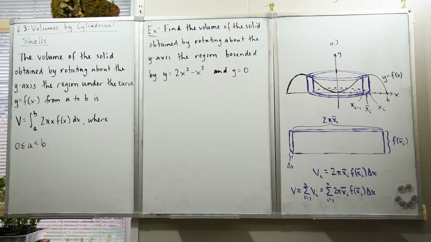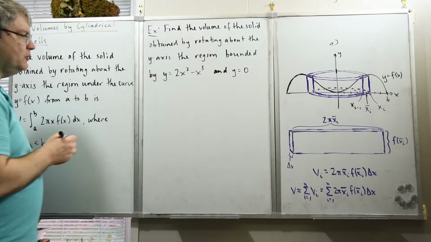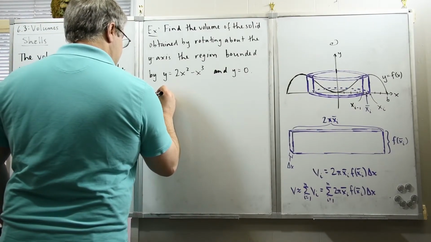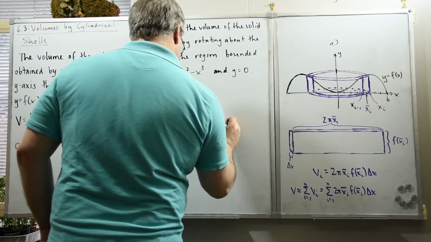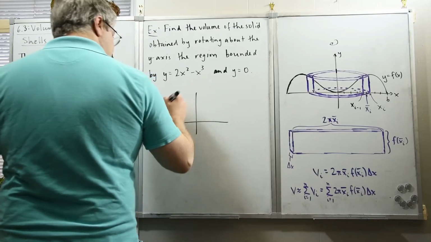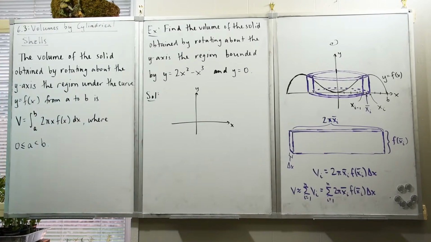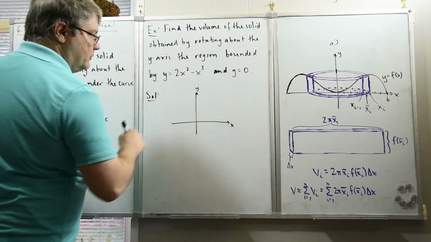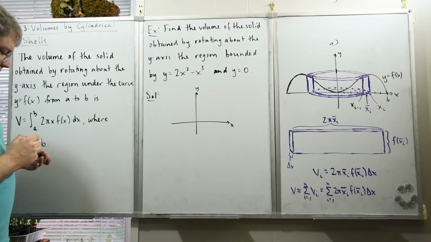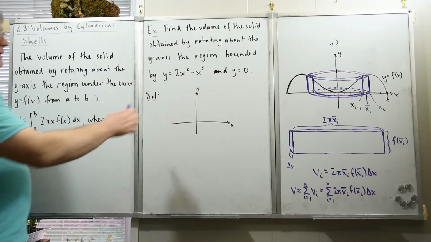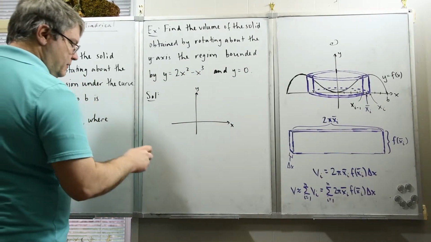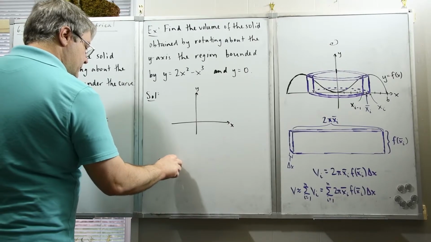Well, y equals 0 is the x-axis. Probably not a bad idea to draw a picture, but really what we're mostly interested in is a general idea of what this graph looks like. You can figure out where y equals 2x squared minus x cubed intersects the x-axis by setting y equal to 0 and solving for x. So you would get 2x squared minus x cubed equals 0.